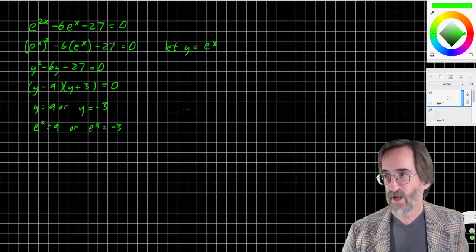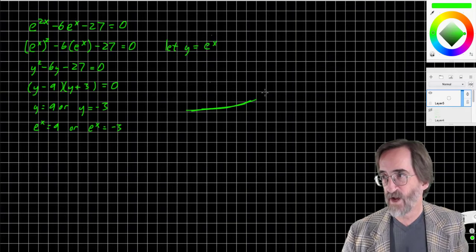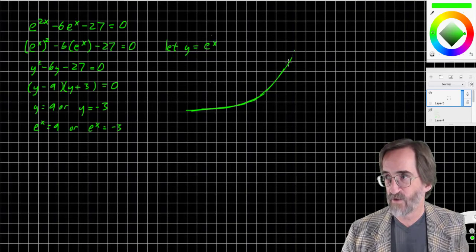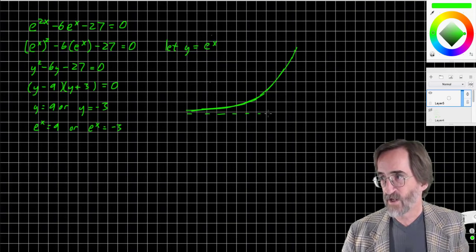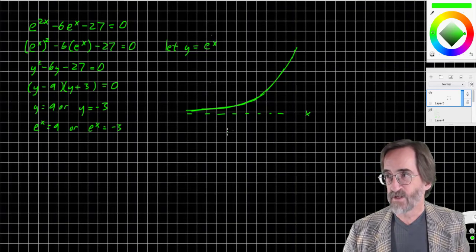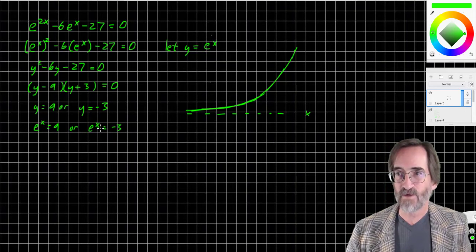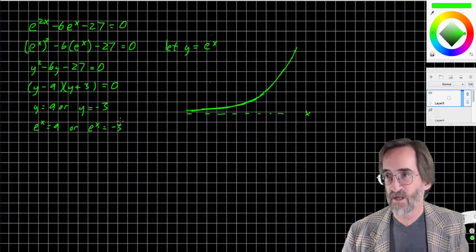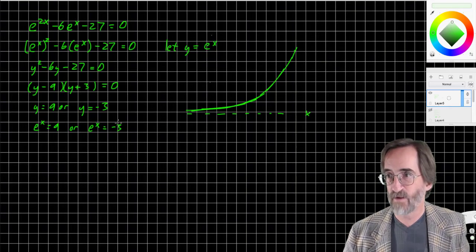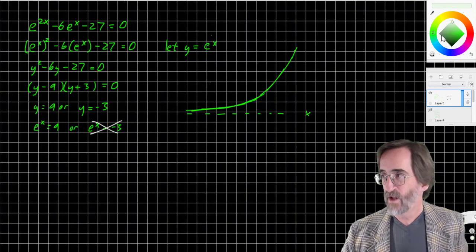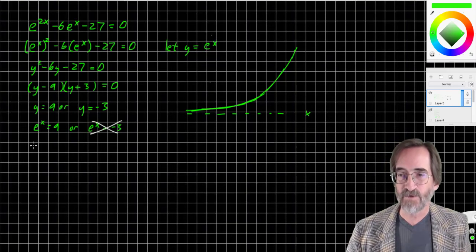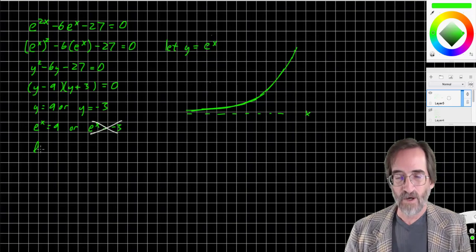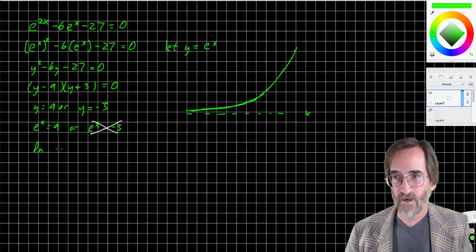Now e to the x is a function that takes off flat and takes off like an airplane like this, right? Where this is the x-axis. It does not ever go negative, so e to the x cannot be negative 3, so we're going to eliminate that possibility. And we're going to solve e to the x equals 9. Well, ln, or log base e, of 9 equals x.